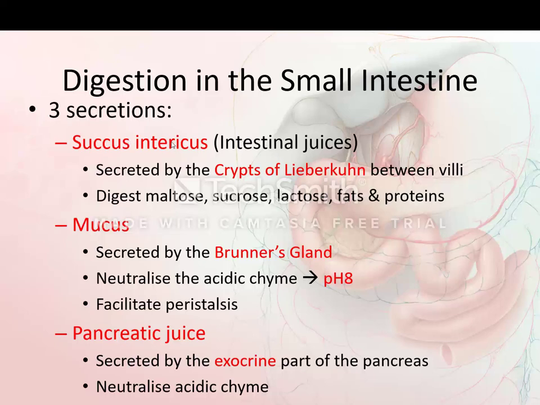The Succus entericus contains enzymes that digest food, and it digests the food into its simplest form. So carbohydrates will, by the end of being in the small intestine, have been broken down into glucose, or not always necessarily glucose, but forms of sugar, so maltose, sucrose, etc.